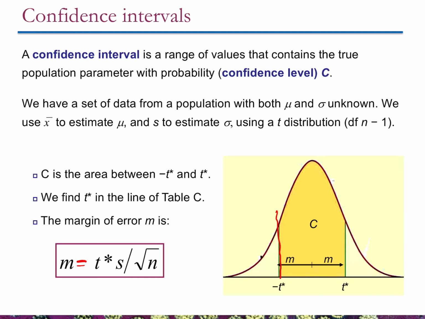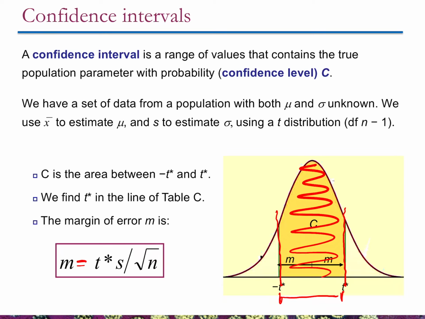This area between these two values shaded in yellow, that's our confidence level, right? So we have a confidence interval here, and it is defined as some area on this curve, okay? Remember also that the confidence interval is twice your margin of error. So we have to be able to calculate margin of error.